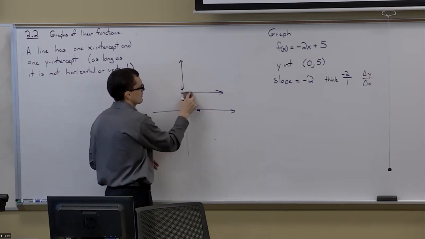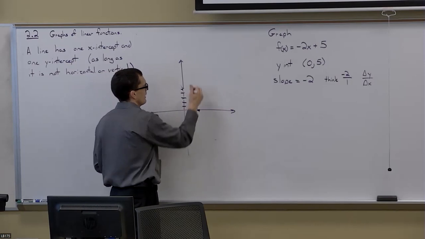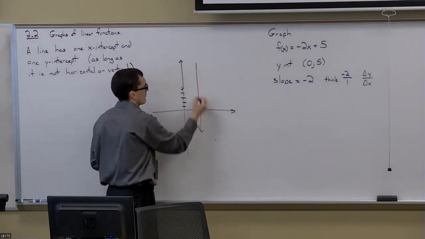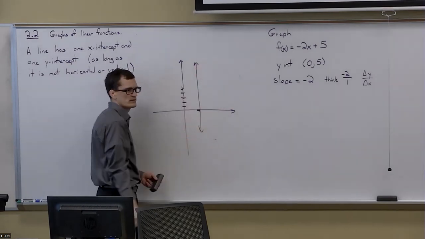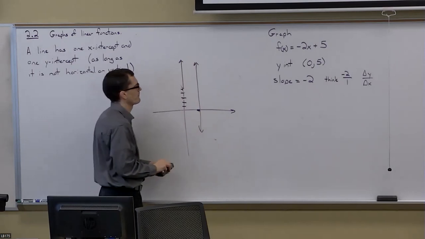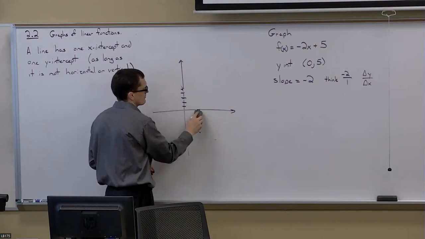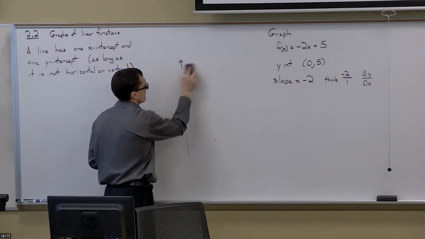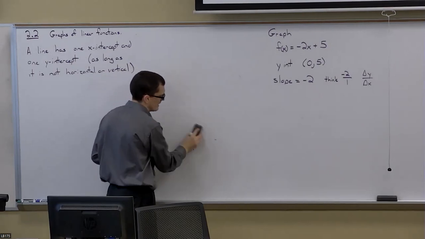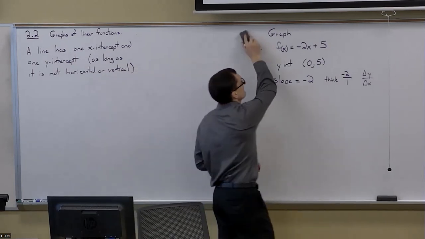And if it were a vertical line, it would never hit the y-axis. Right? So as long as we don't have horizontal or vertical lines, each line is going to have one unique x-intercept and one unique y-intercept.